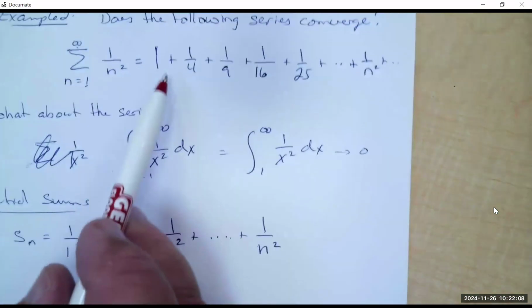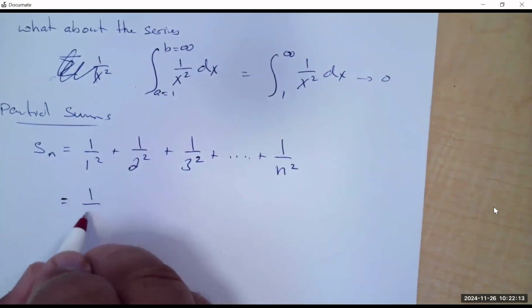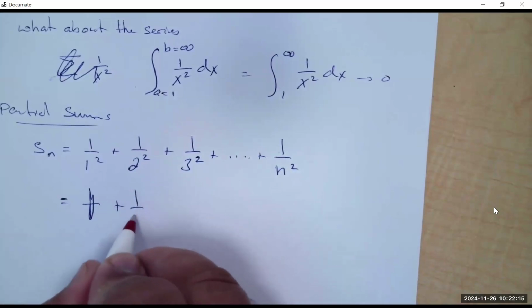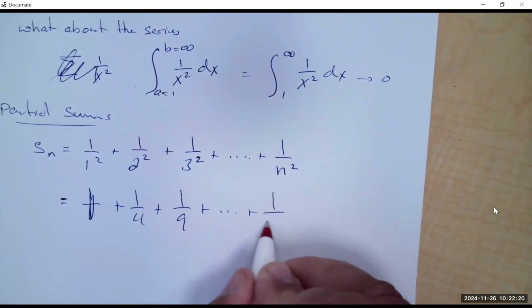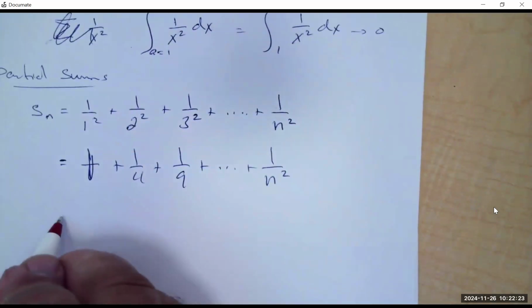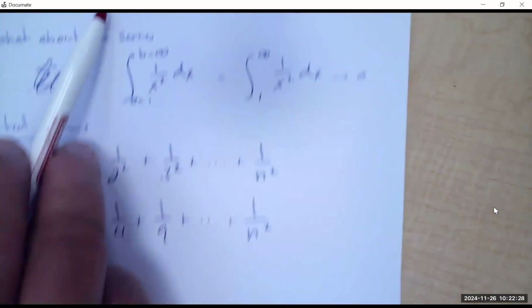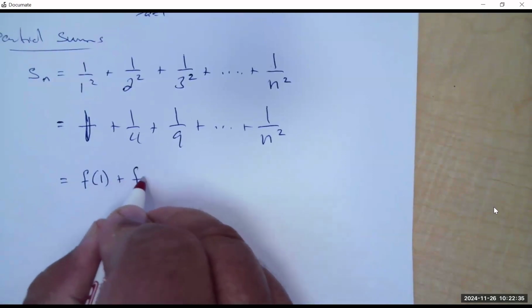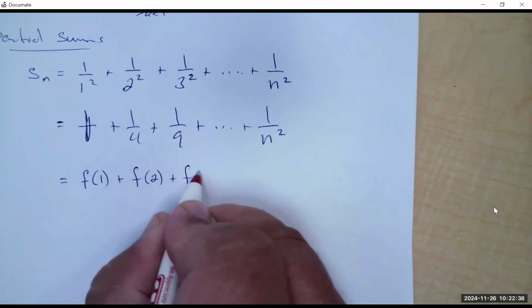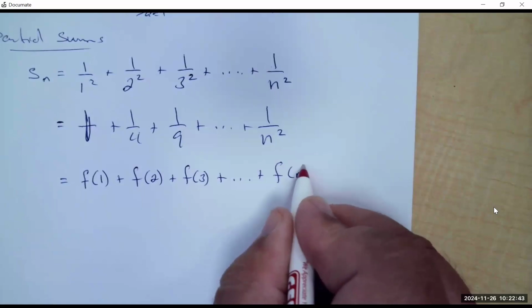So that's the partial sum of these guys here, which is 1 plus 1/4 plus 1/9 up to 1/n squared. So comparing the two, our sequence and our function 1/x squared, this is the same as f at 1. This is the same as f at 2, f at 3, and this is f at n.